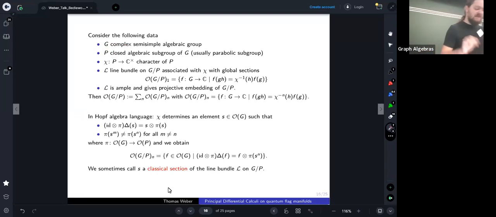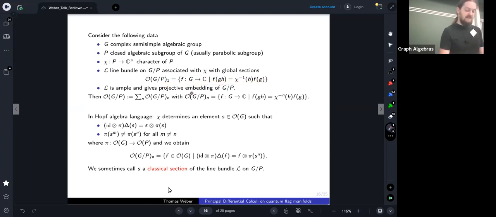So take a complex semi-simple algebraic group, and take a closed algebraic subgroup. Usually we take a parabolic subgroup, and take a character on P. Then we would like to have a line bundle on the quotient associated with this character, such that you have the following global sections.